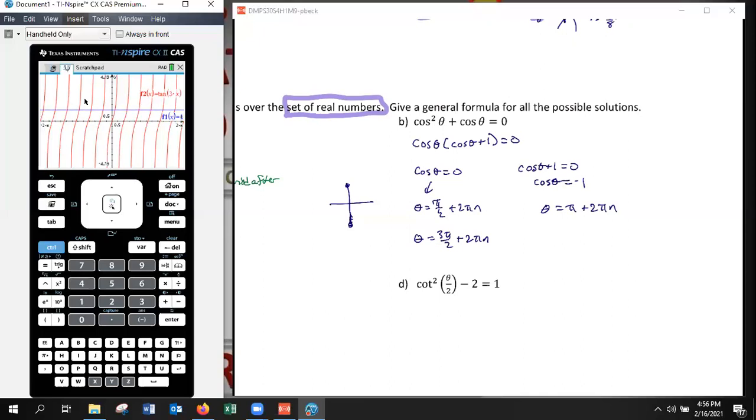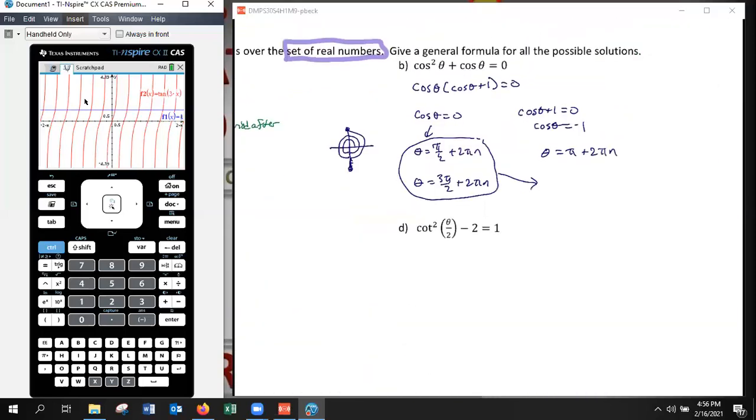Maybe some of you have recognized that these two expressions could actually be simplified to say, okay, we have pi over 2, but if we go pi, we end up at the 3 pi over 2. If we go pi, we end up at 5 pi over 2. And just by adding pi, we can meet all those solutions.